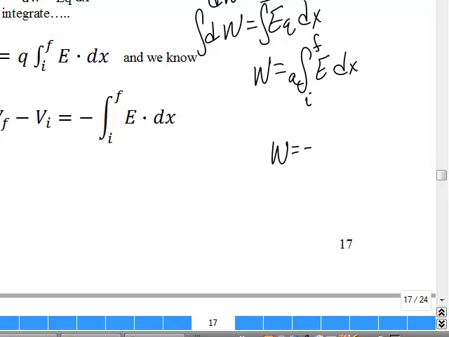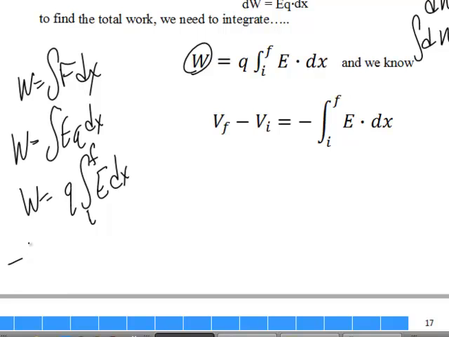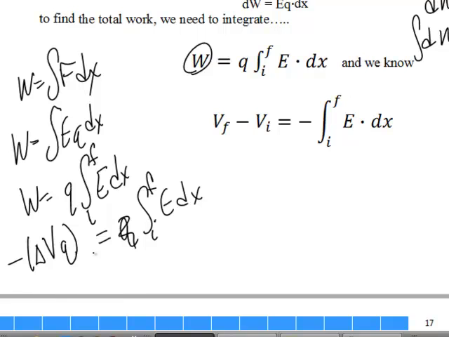So negative delta V times Q is going to equal Q, integral from our initial to our final state, E dx. These Q's are going to cancel, and I can move this sign over, and so I get the change in potential equals negative integral of E dot dx from our initial to our final state.